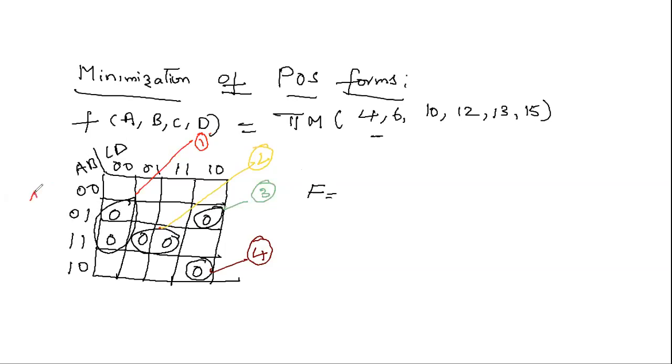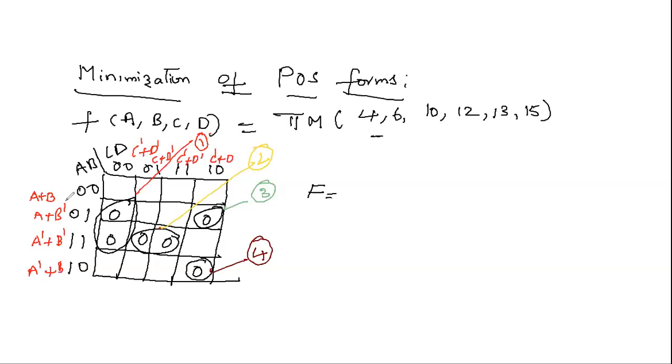For POS, it is A plus B here, then A plus B complement, here A complement plus B complement, this is A complement plus B. For CD, it is C complement plus D complement, this is C plus D complement, this is C plus D complement, and this is C plus C complement plus D.